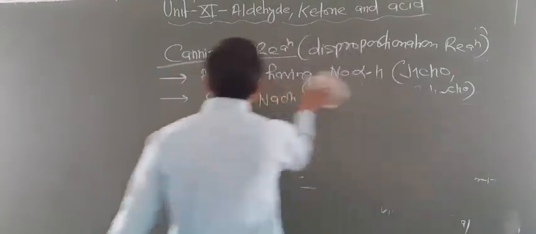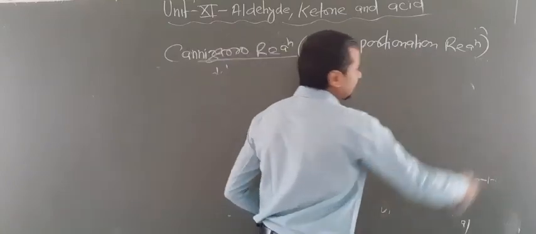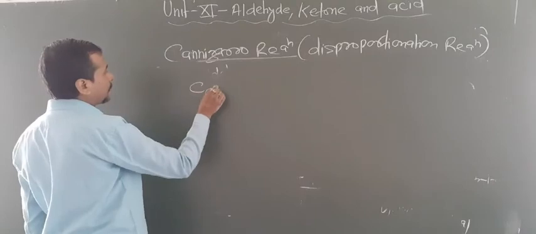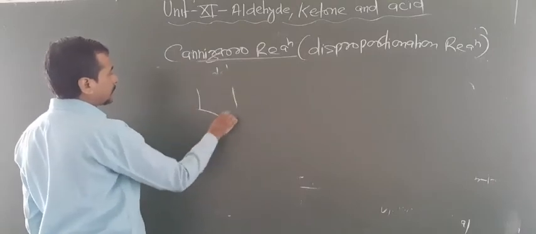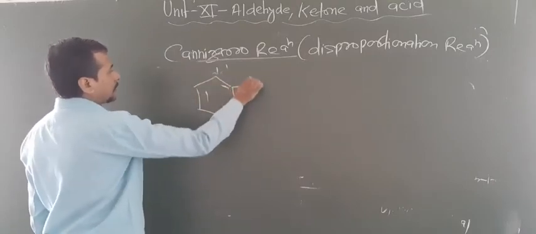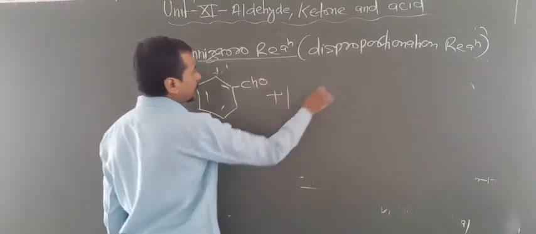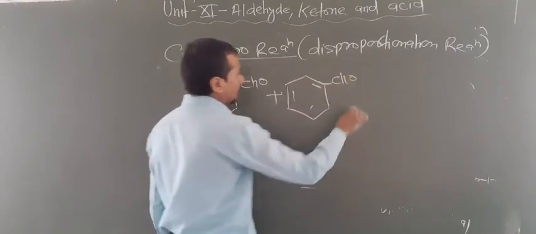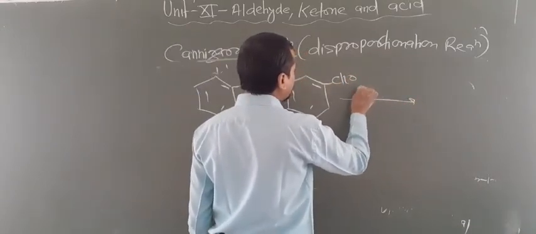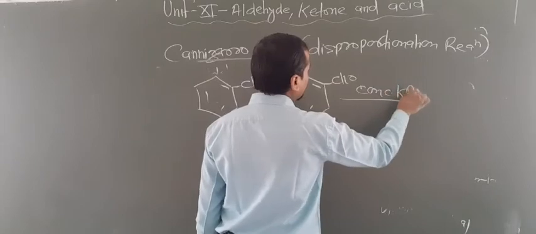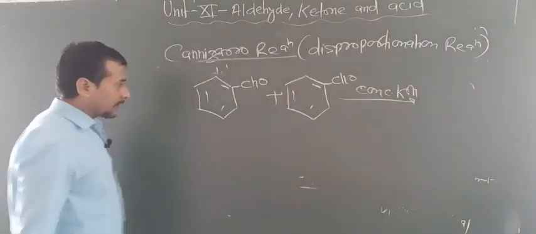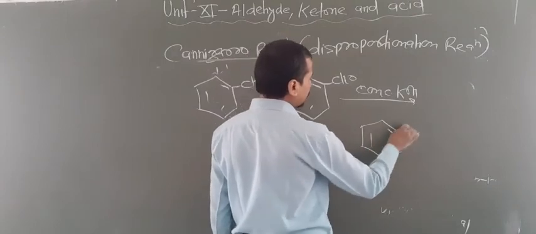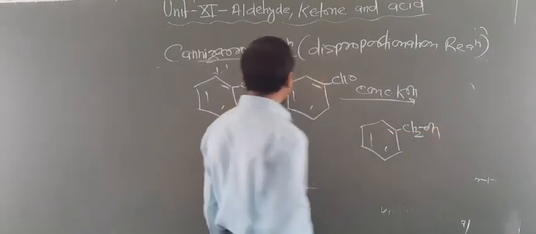We have taken one more example, benzaldehyde. Okay dear students, so benzaldehyde, ring CHO plus ring CHO. Now the same conditions are repeated, here you can take KOH. Again one benzaldehyde changes into benzyl alcohol, C6H5CH2OH.